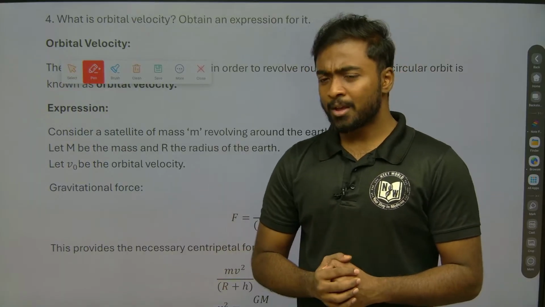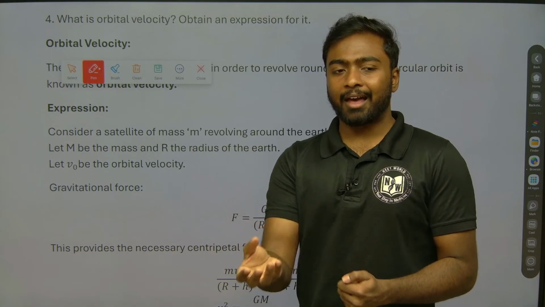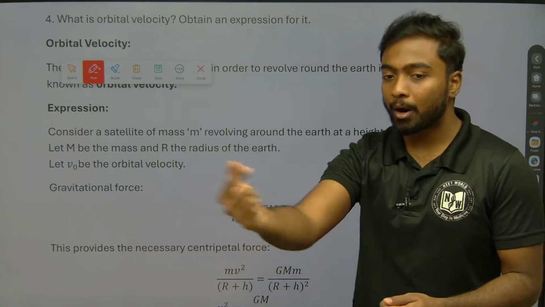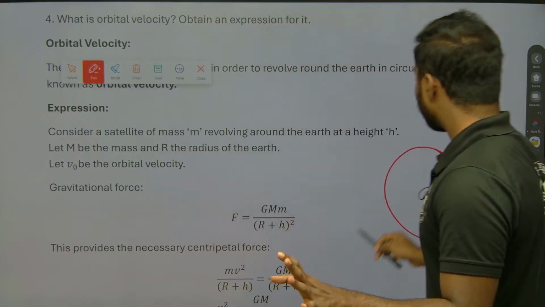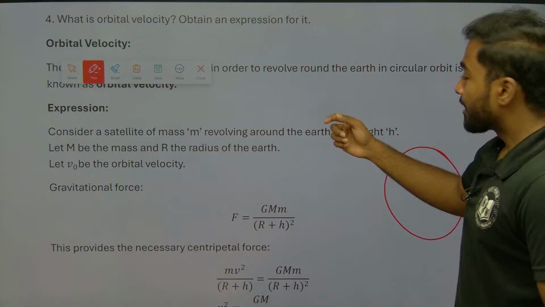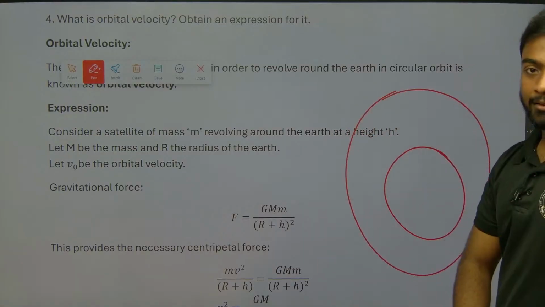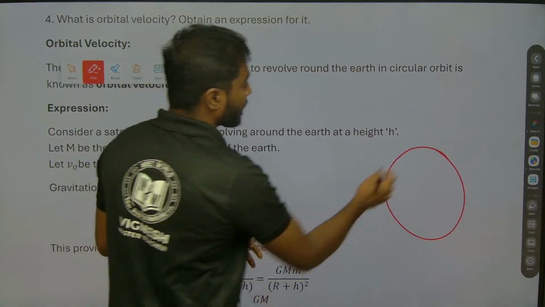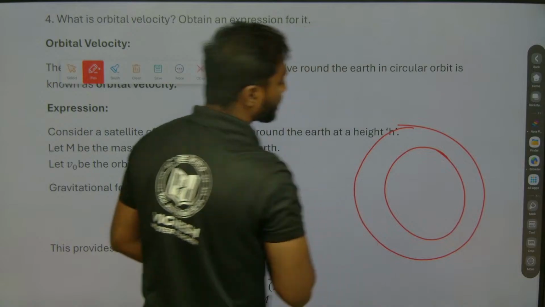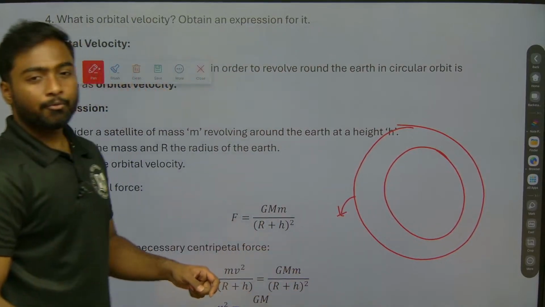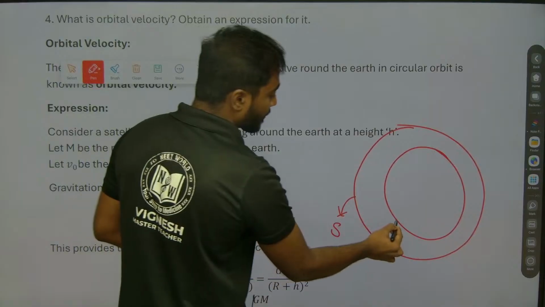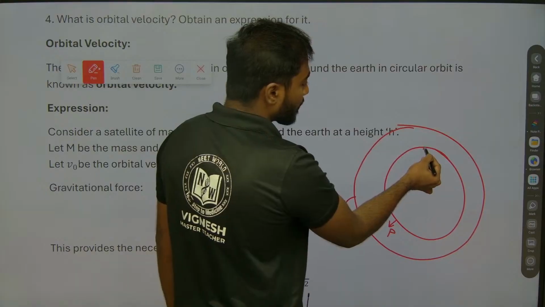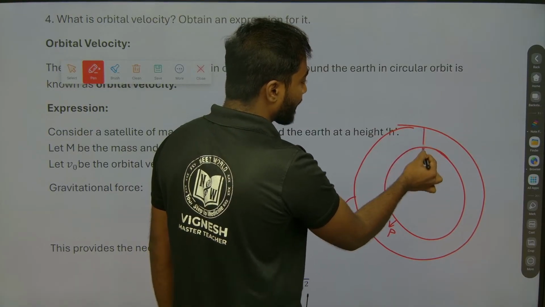Okay. Now, because of the gravitational force only, it is revolving, right? Similarly, when we are sending satellites, they also rotate in a circular path, right? When I take this, this is my orbit, which is for the satellite, and this is for the planet P. So this is my radius r and this is my height h.